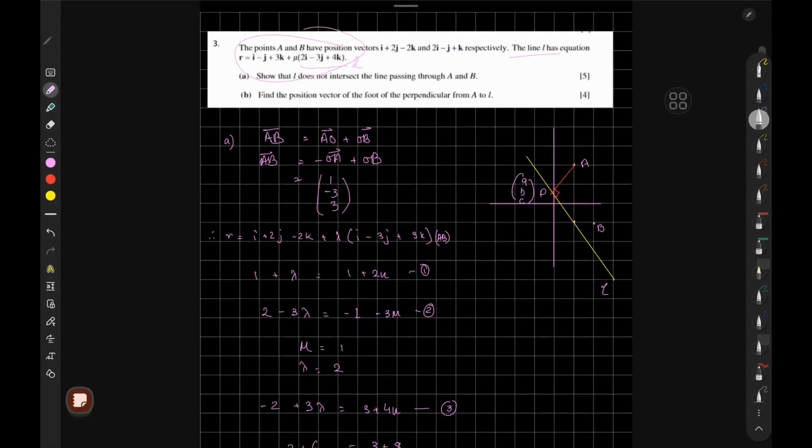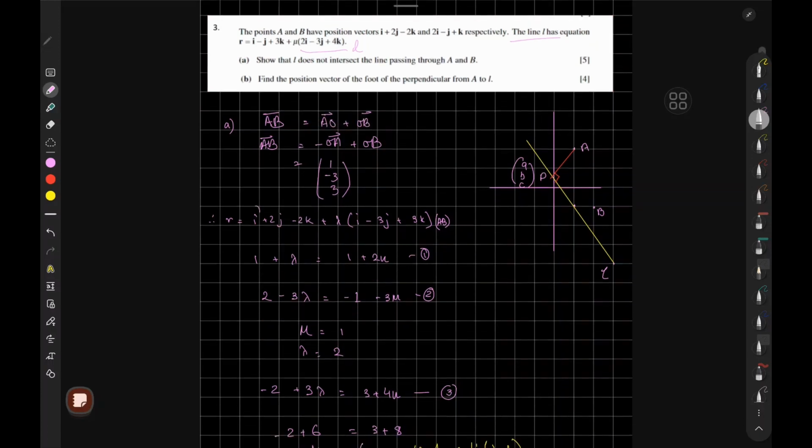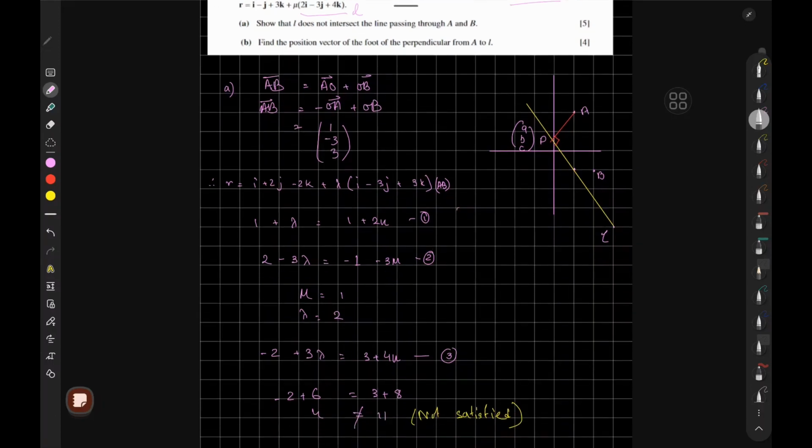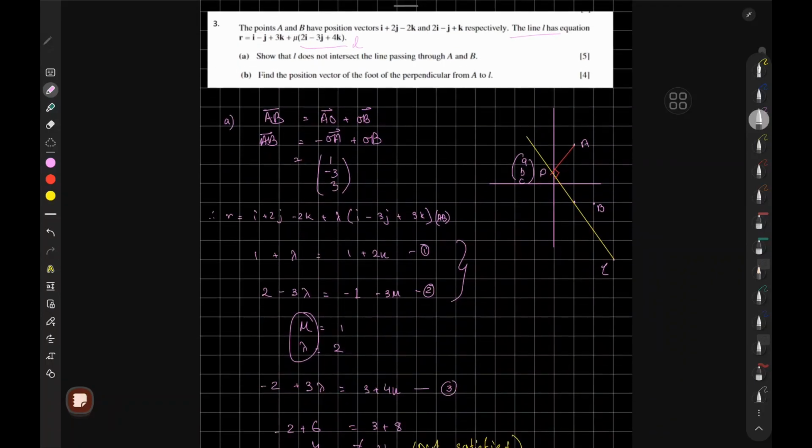You take the x coordinate over here, which is 1 plus lambda, and the x coordinate over here, which is 1 plus 2 mu. You do the same for the y coordinate, and these two will be enough to give you the values for mu and lambda.